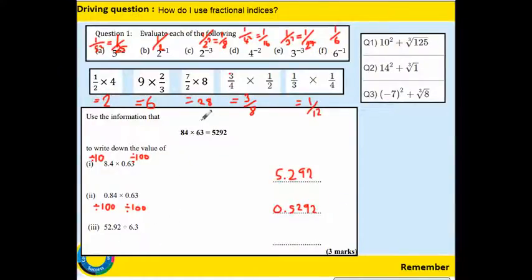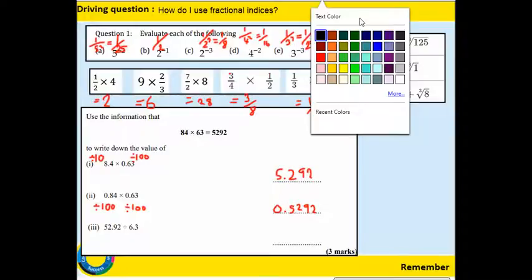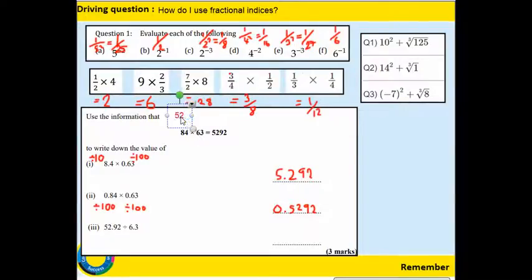Now we have a division. I'm going to rearrange this calculation up here to a division calculation that's similar to this one. I'm going to say 5292 divided by 63 is equal to 84.